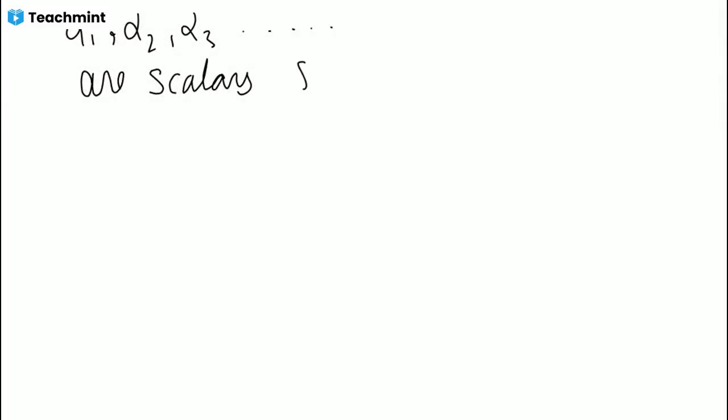These alpha 1, alpha 2, alpha 3 belong to the field, the set of scalars.